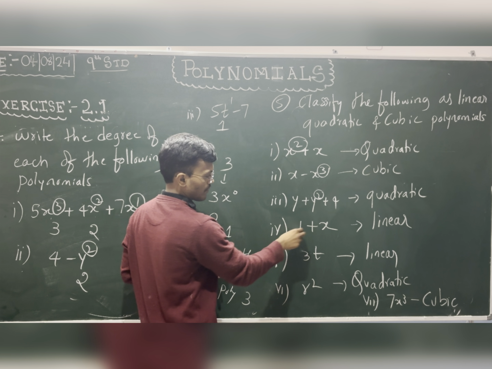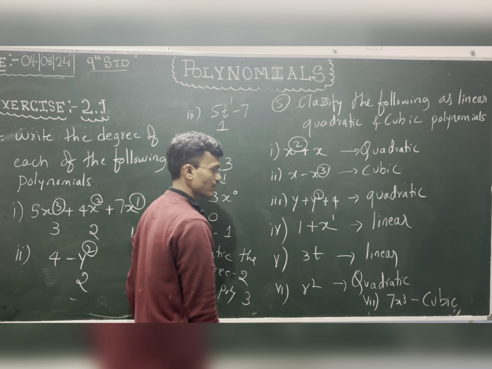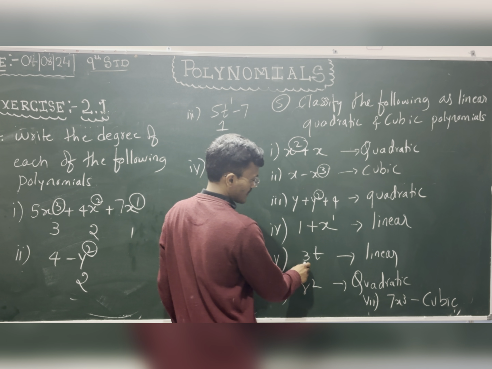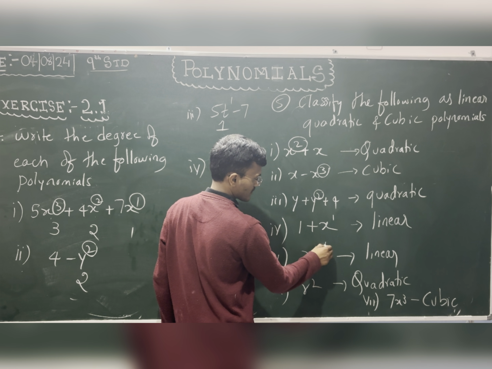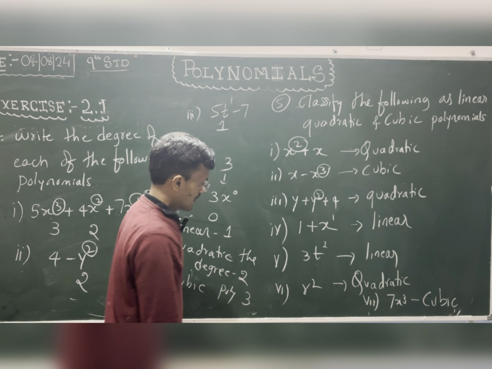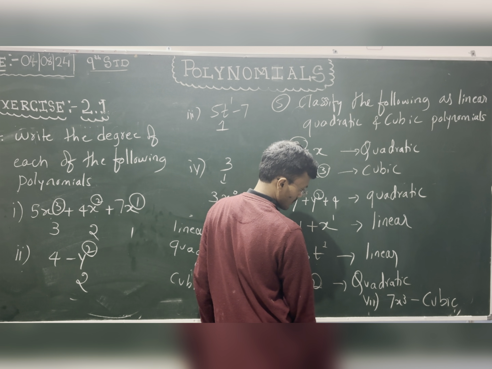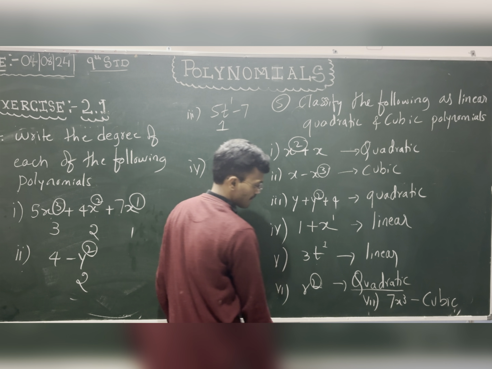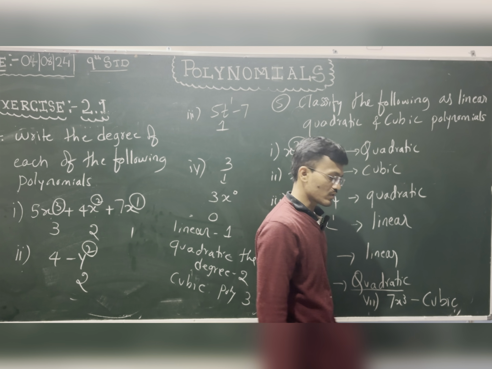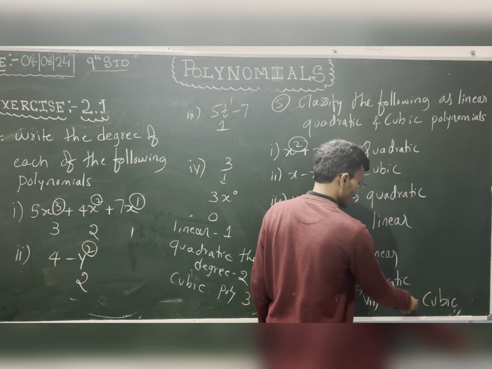The fourth one, 1 plus x, it is a linear. Linear means only degree 1. Fifth question, 3t, it is a linear because it is t to the power of 1. The sixth one, r square, the degree is 2, it is a quadratic polynomial. And 7x cube is a cubic because the power of x is 3.